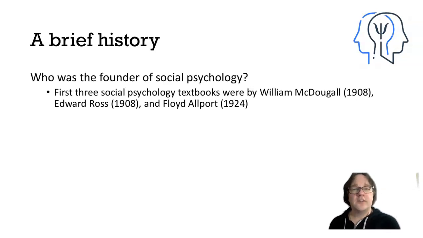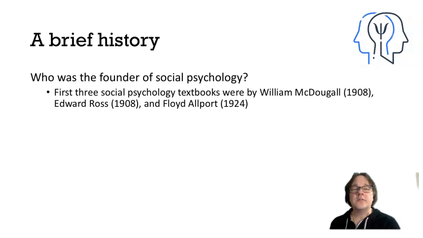But a brief history of social psych. Well, we see in the late 1800s, early 1900s, some psychologists who were kind of dabbling in areas that we would consider social psychological areas nowadays, right?